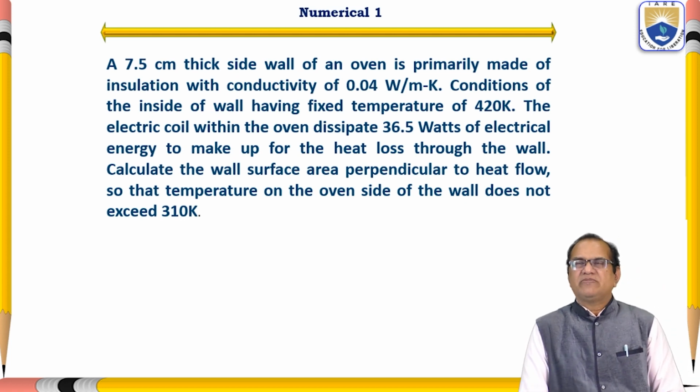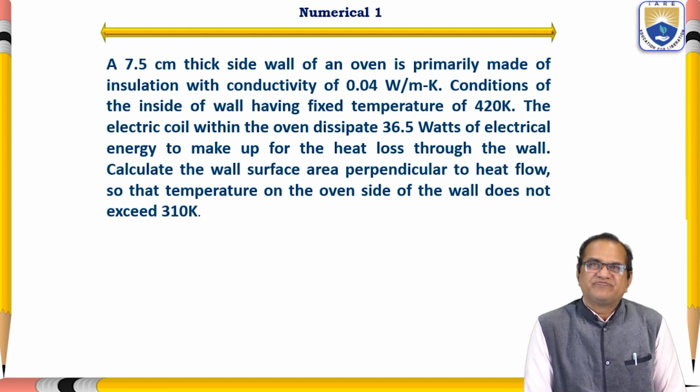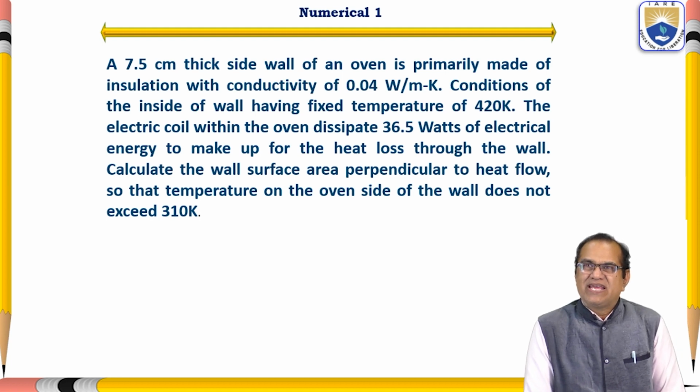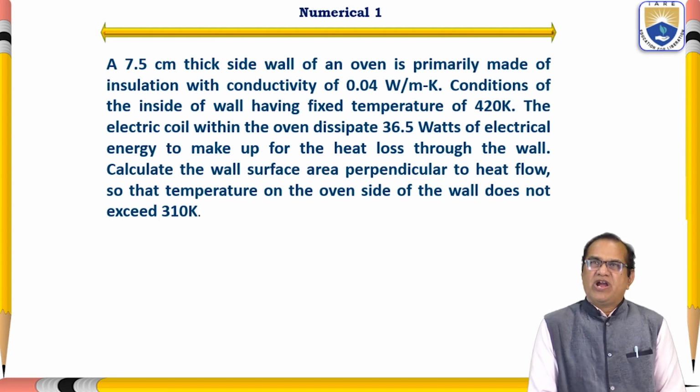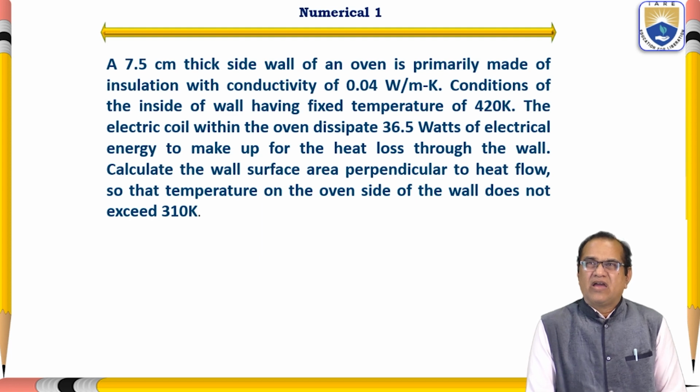So the first problem I am discussing, I am going to read this. A 7.5 centimeter thick side wall of an oven is primarily made of insulation with conductivity of 0.04 watt per meter Kelvin. Conditions of the inside of the wall having fixed temperature of 420 Kelvin.